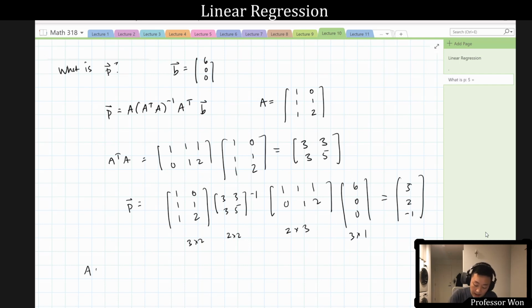And now Ax equals P does have a solution, which you could solve using Gaussian elimination, or probably more practically, your computer algebra system of choice, to find that x hat is equal to (5, negative 3). Remember, this matrix was supposed to give us the intercept and the slope of our line. This means that s equals 5 minus 3t should be the best fit line.